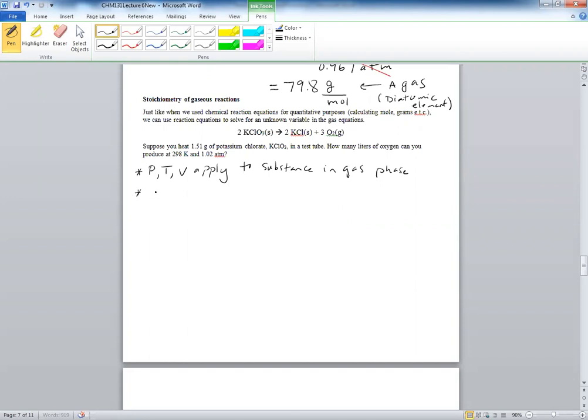You either start with PV equals nRT and solve for one of these unknowns, let's say a variable, like you're solving for n, and then do stoichiometry, or you would have to do stoichiometry and then do PV equals nRT.